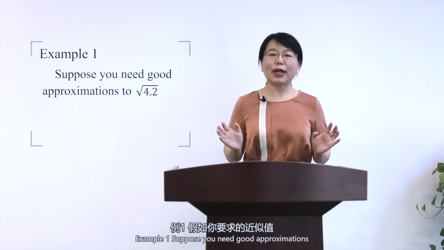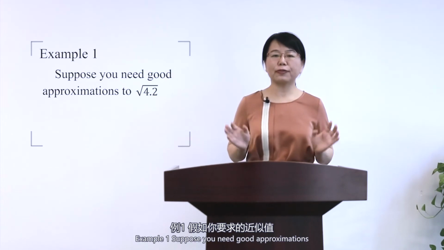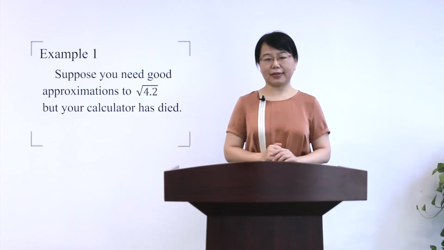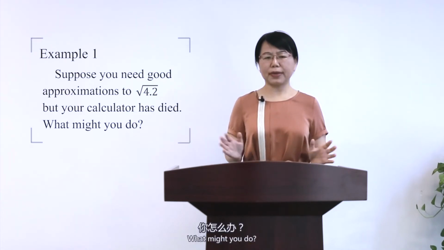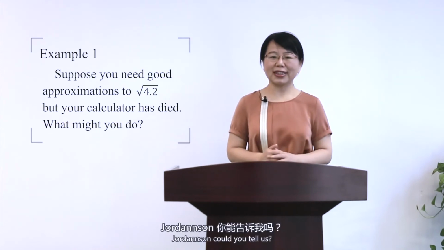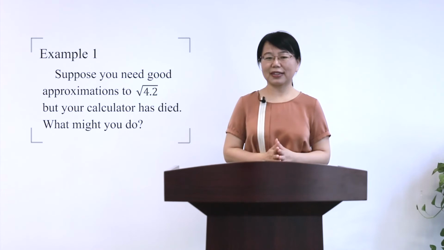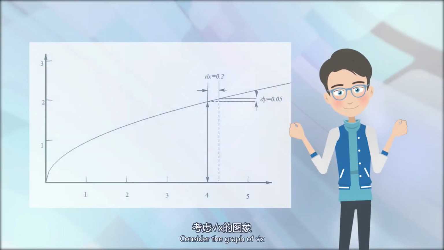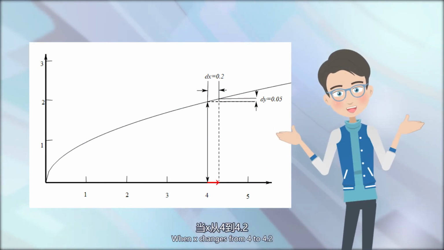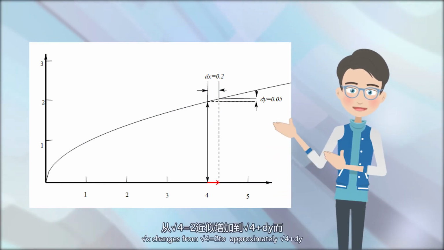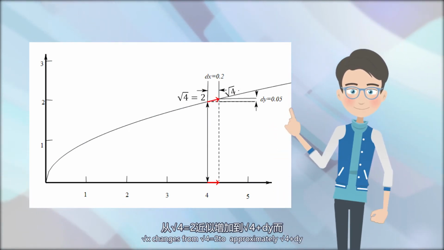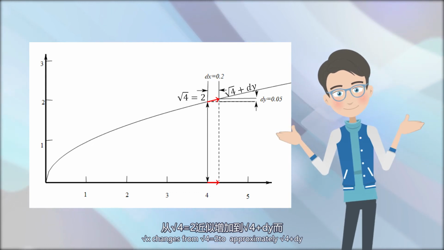Suppose you need a good approximation to the square root of 4.2, but your calculator has died. So what might you do? Jordanson, could you tell us? Yes, consider the graph of the square root of x. When x changes from 4 to 4.2, the square root of x changes from the square root of 4, which is 2, to approximately the square root of 4 plus dy.